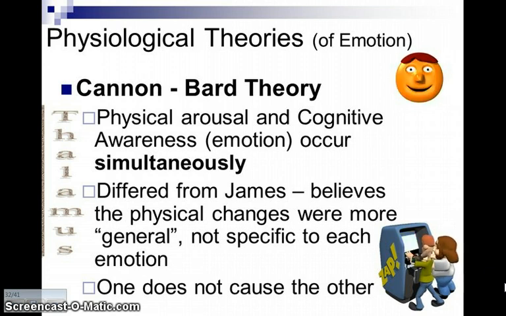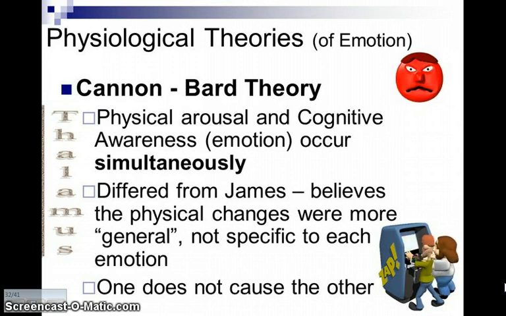as we experience an emotion, as something happens, signals are sent to our brain, to the thalamus. All senses except smell go into the thalamus. And once it hits the thalamus, it sends multiple messages out at the same time. It sends a message to our limbic system, which is the emotional center of our brain.